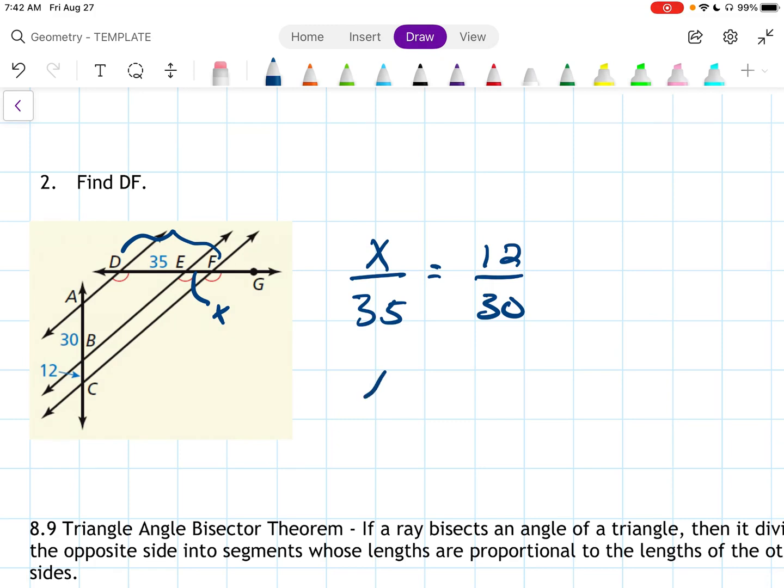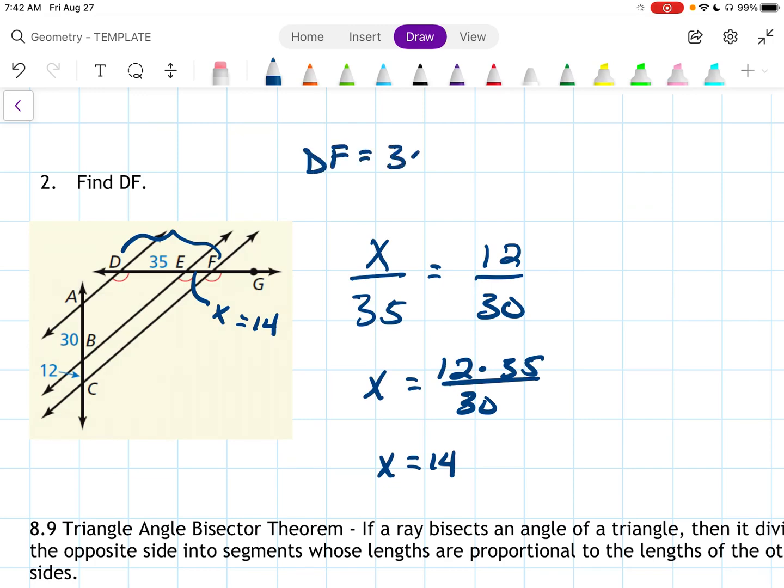Multiplying by 35, I get X equals 12 times 35 over 30. And I'm just going to type that in the calculator. 12 times 35 divided by 30. That gave me 14. So X equals 14. So DF is going to be 35 plus 14, which is what? 49. There we are.